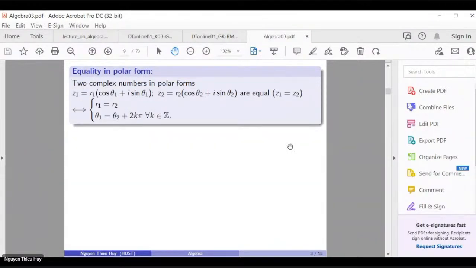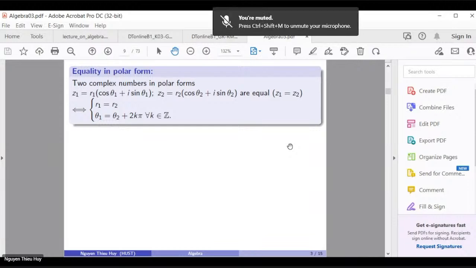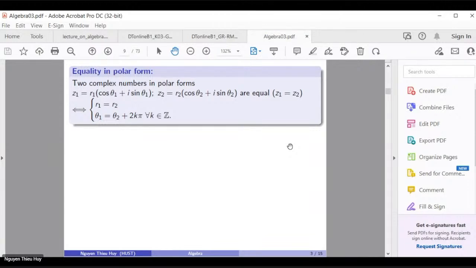So now I will tell you how to compare two complex numbers. It means what the equality of two complex numbers in polar form is. This is our tradition, you know, because whenever we have a new object, we have to know how to see the equality. For example, when we learn about sets, we know how to compare two sets, how to see that they are equal.